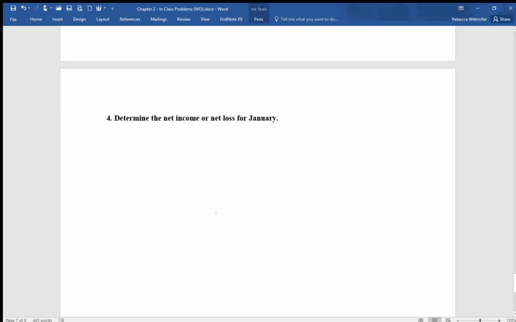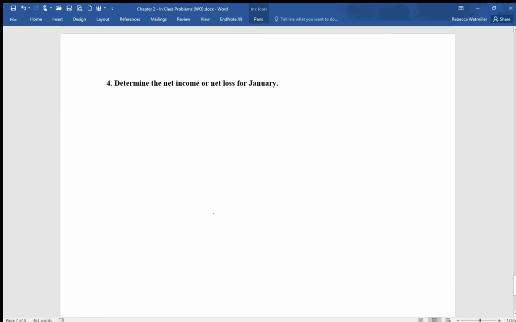Okay, so for the last part of this very long problem, we want to determine the net income or net loss for January. So in order to do that, we start with our sales revenue. And in this case, they called it professional fees. And the total we had was $40,400.